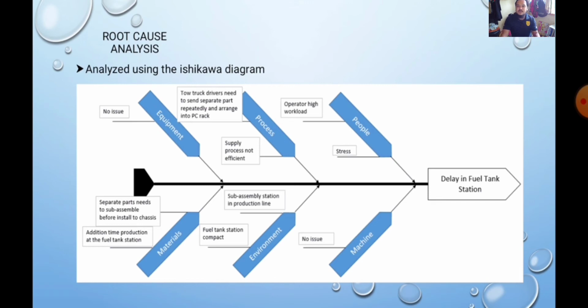For the material category, separate parts need to be sub-assembled before assembling into the chassis, which causes additional production time at the station. And lastly, the environment category. The fuel tank sub-assembly station placed in the chassis line causes the space to be compact for the operator to perform work. Okay, next we go to the implementation of the countermeasure.